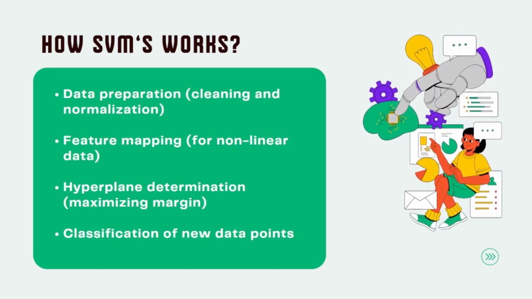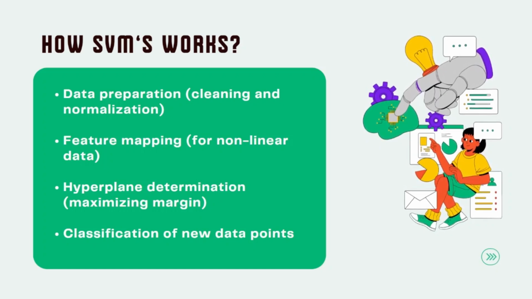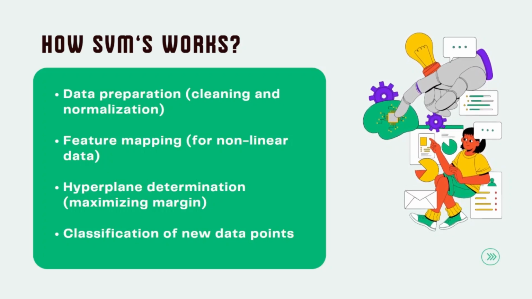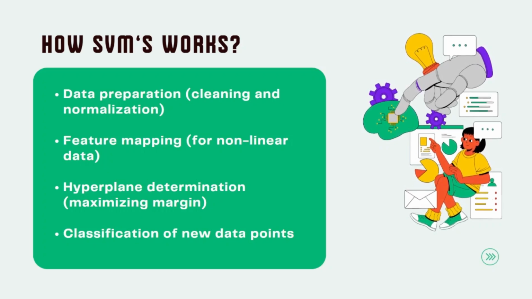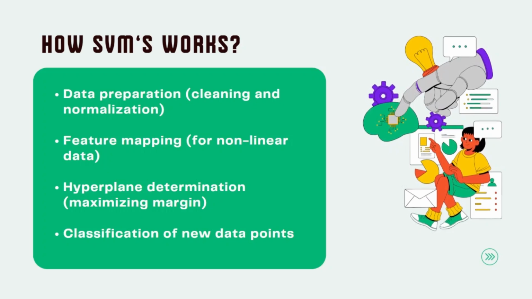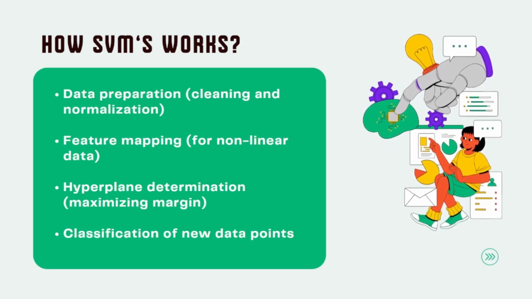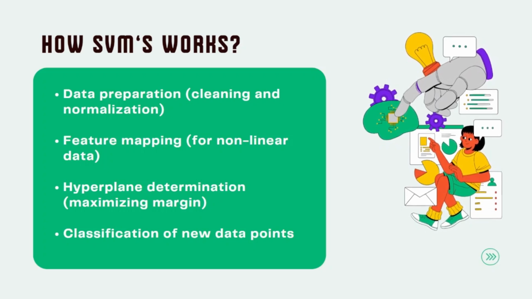Then the SVM algorithm identifies the optimal hyperplane that maximizes the margin between the hyperplane and the support vectors. And finally, when presented with new data points, the SVM classifies them based on their position relative to the established hyperplane. So SVMs are capable of performing both linear as well as non-linear classification.